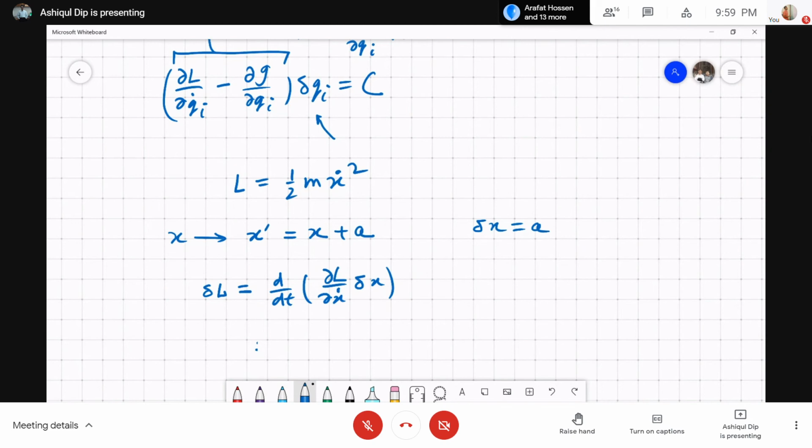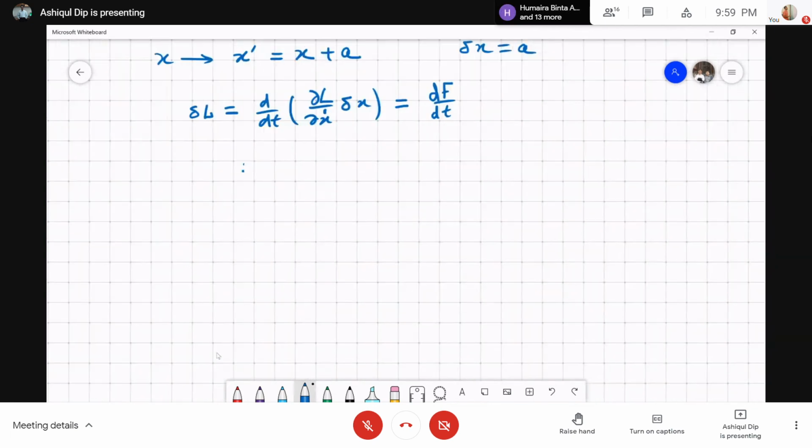So all we need is to find some f for which this is satisfied, df over dt. We want to find an f. Substituting L, delta L over delta x dot is m x dot.